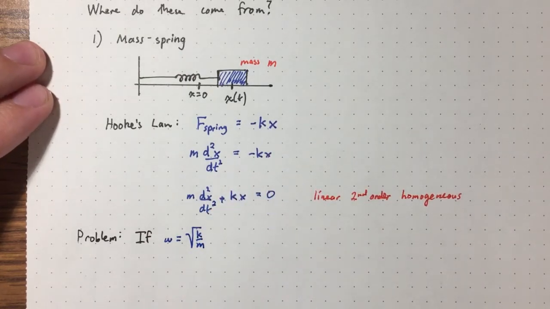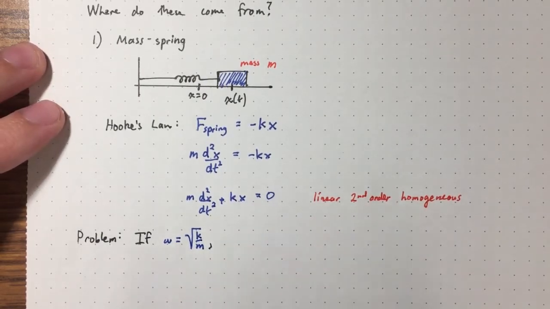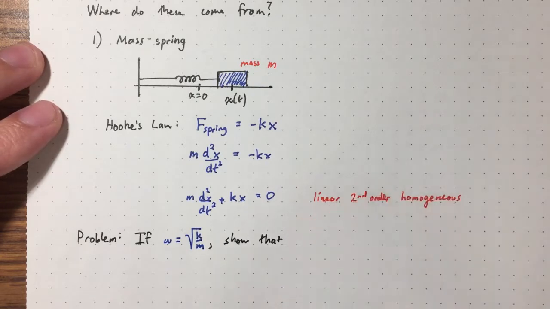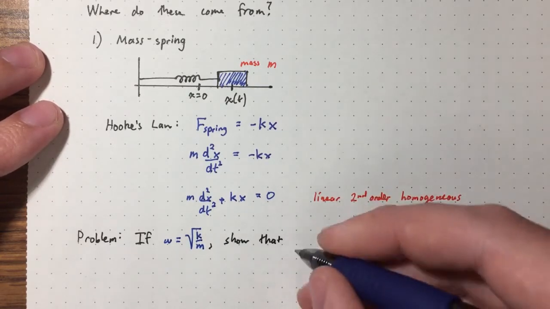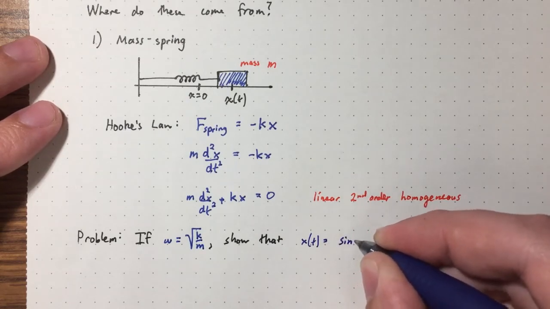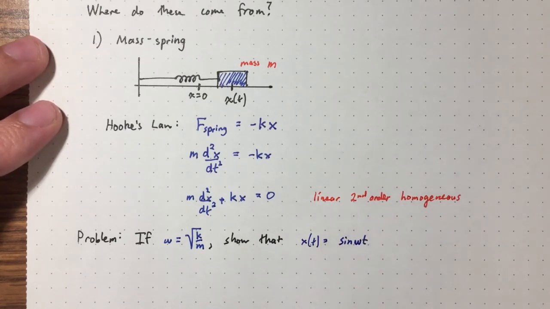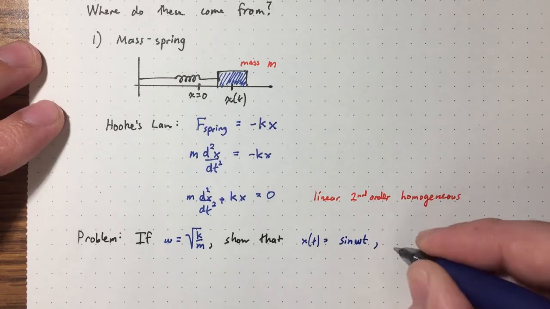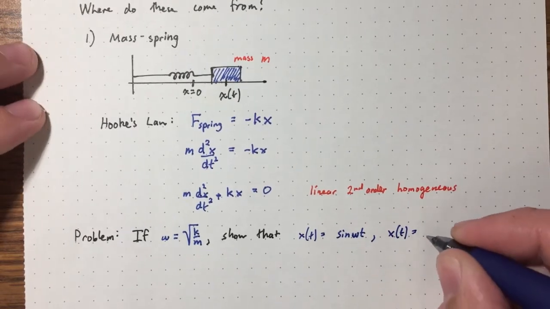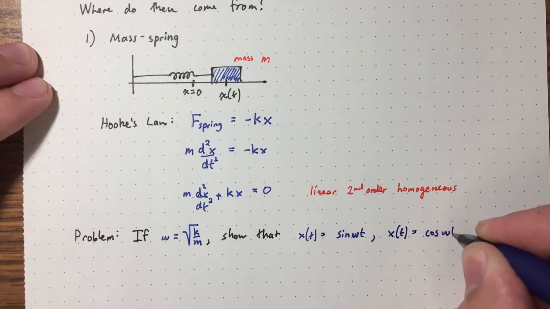If omega is the square root of k over m, what I'd like you to try is show that all the following are possible solutions to this differential equation. So here's one, sine omega t. Here's another one. So x of t could be actually a cosine of omega t.